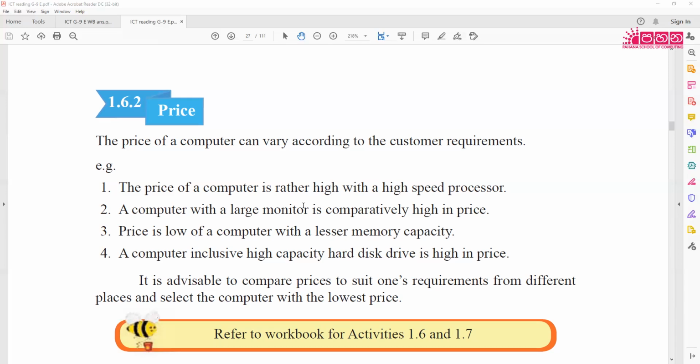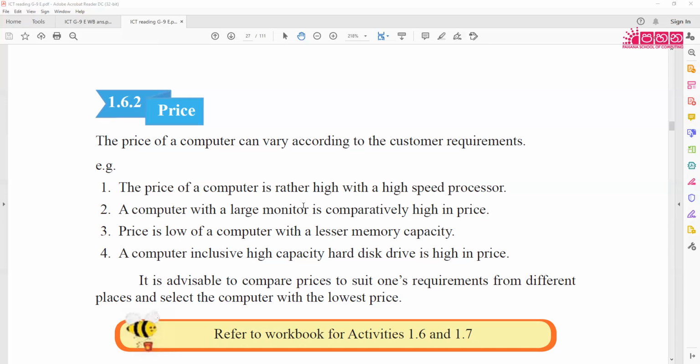If you need a very high speed processor, then you have to pay higher. If you need a large monitor, you have to pay higher, right? If the price is low, usually we get less memory. And if you have a very large hard disk, you have to pay a high price.